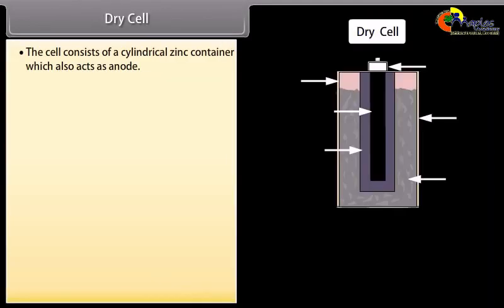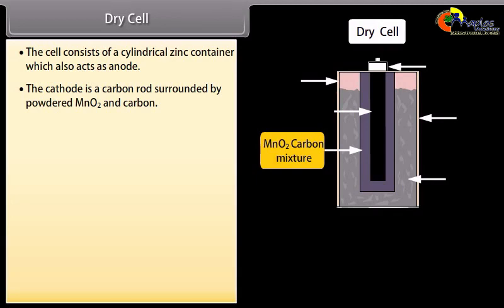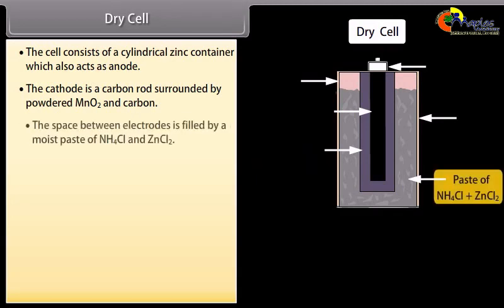Dry cell. The cell consists of a cylindrical zinc container which also acts as the anode. The cathode is a carbon rod surrounded by powdered MnO2 and carbon. The space between the electrodes is filled by a moist paste of NH4Cl and ZnCl2.